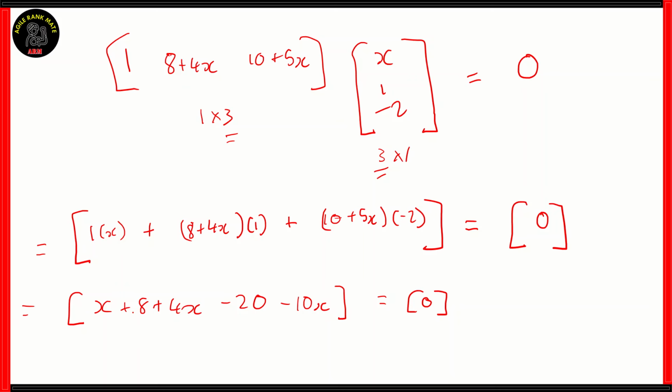So x plus 4x is 5x. 5x minus 10x would give you minus 5x. And 8 minus 20 would give you minus 12. And that is equal to the zero matrix. Now, since the matrix on the left is equal to a zero matrix, the element inside would be equal to 0.